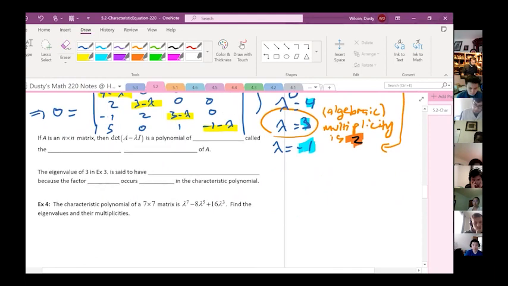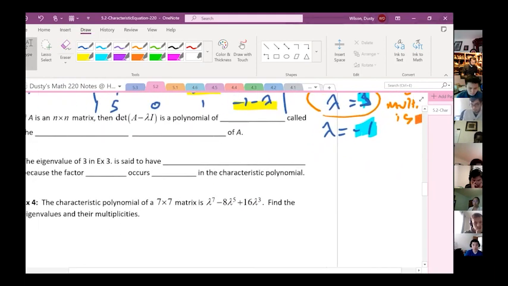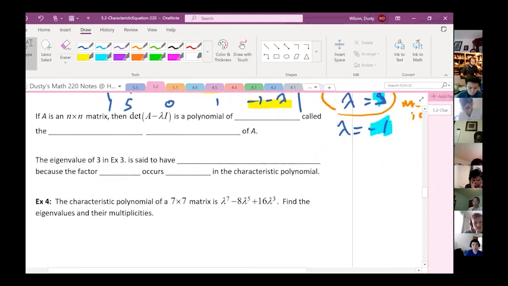Okay, so let's see if we can summarize that. If A is an n by n matrix, then the determinant of A minus lambda I is a polynomial of degree n called the characteristic polynomial.